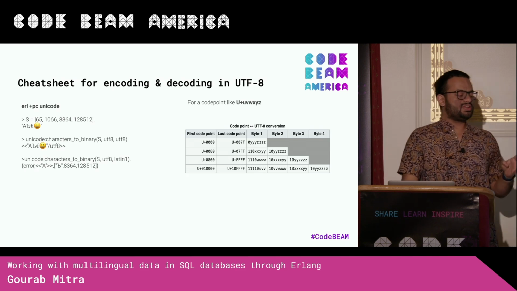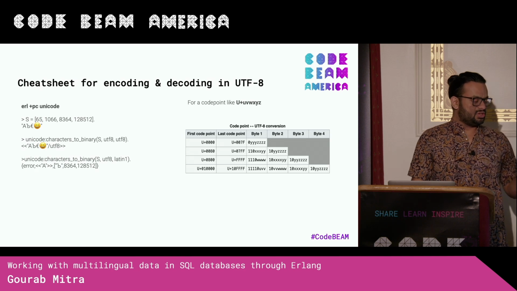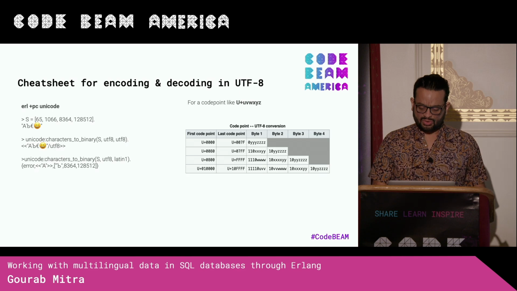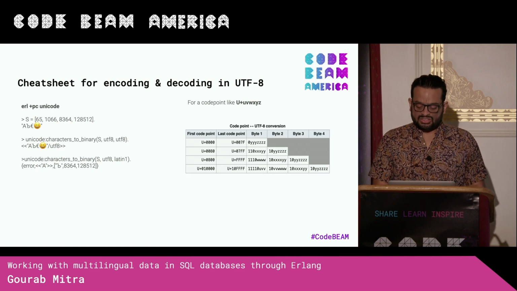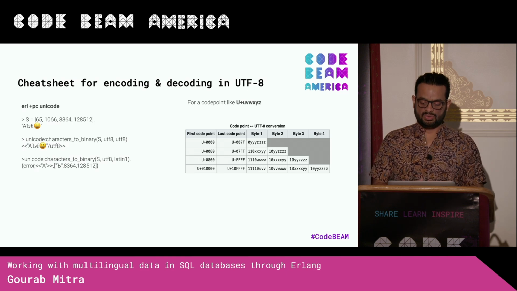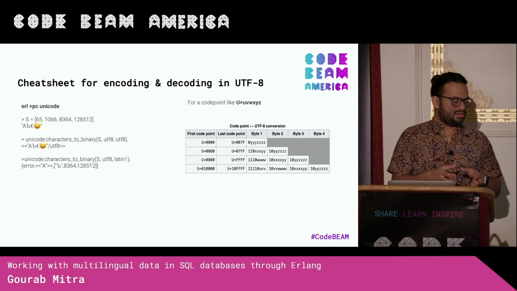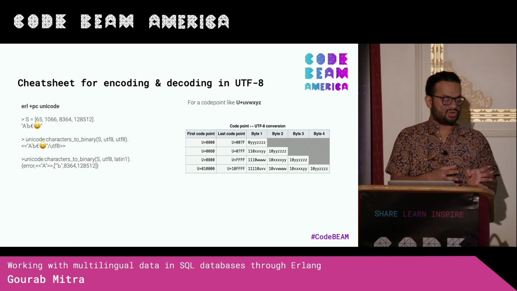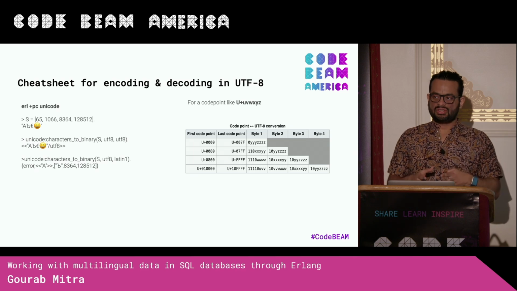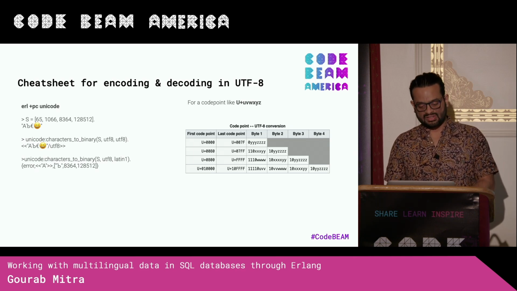What is also helpful is understanding some of these functions. In the Erlang Unicode module, the function characters_to_binary is something that I often use. I come back to it often because you can take binaries or lists of code points, mention the input encoding as the second argument, and the output encoding in the third argument.